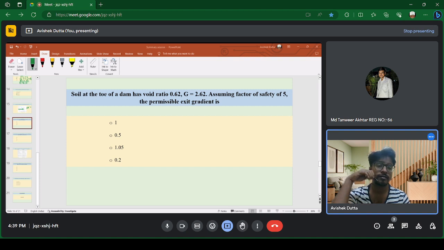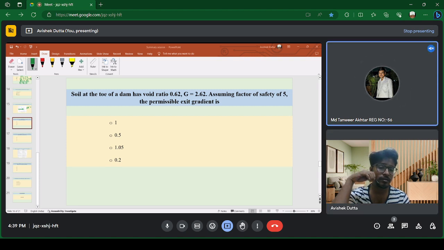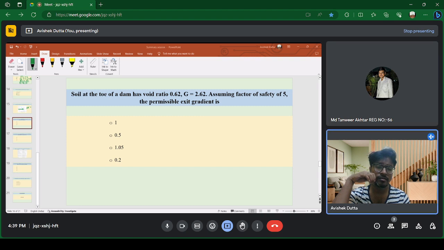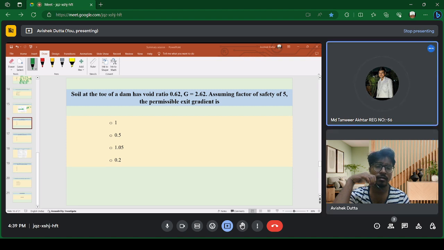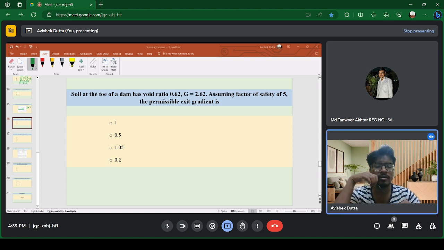What is the answer? Which option? I can't hear you properly. Please write in the chat box if you are unable to speak properly, because I also cannot hear you.